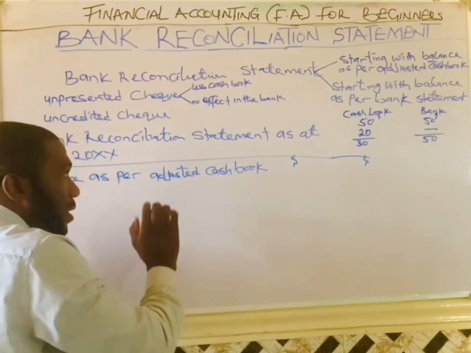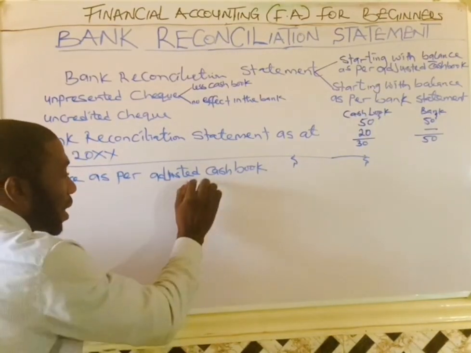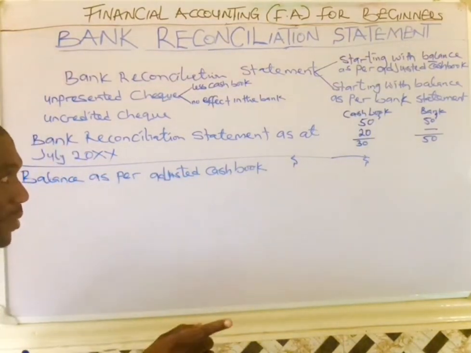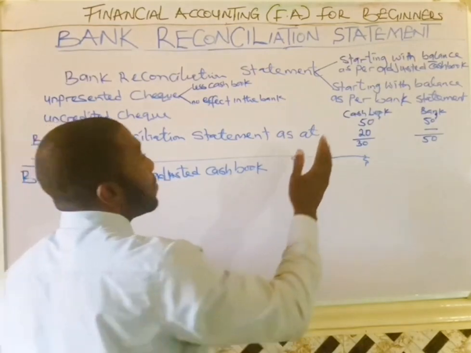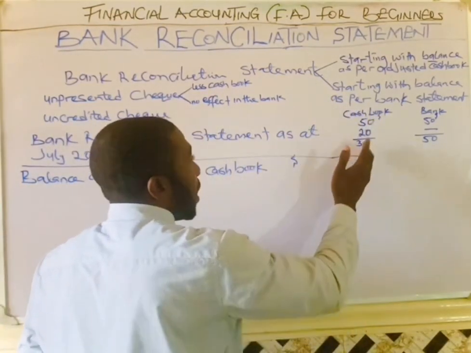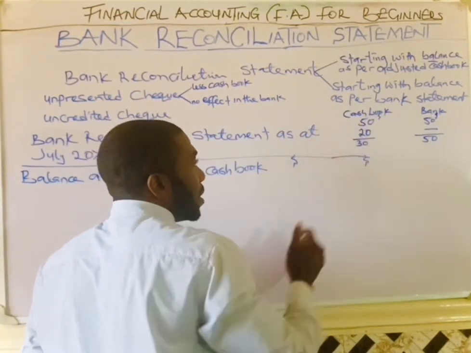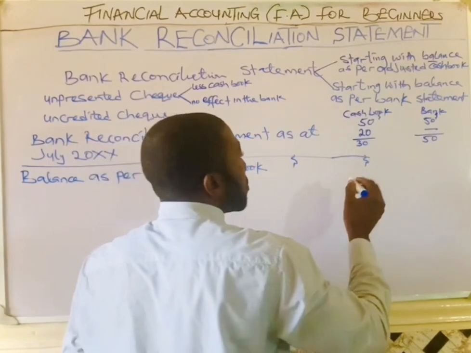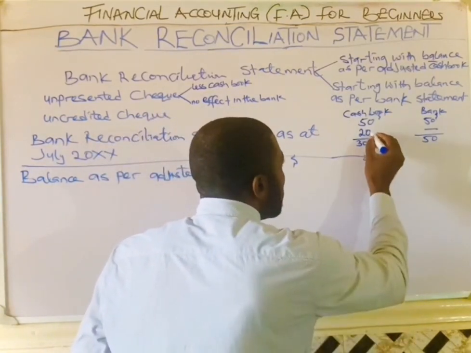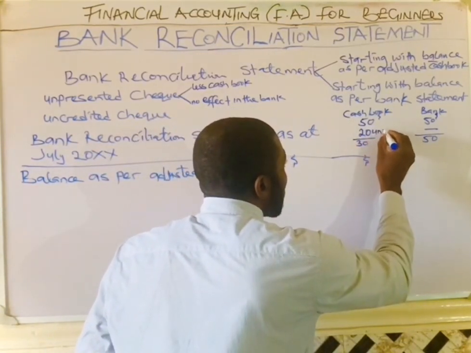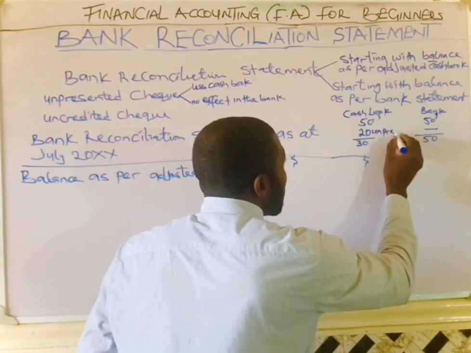So we will add or less to the cash book balance, not the bank statement. Since we only have the power or the right to add or less to this cash book balance, you will now say, okay, for us to make it agree, we will bring this unpresented check. The check was not presented.